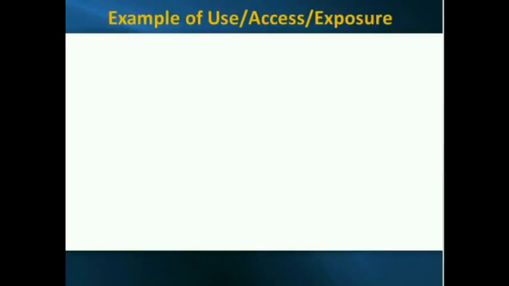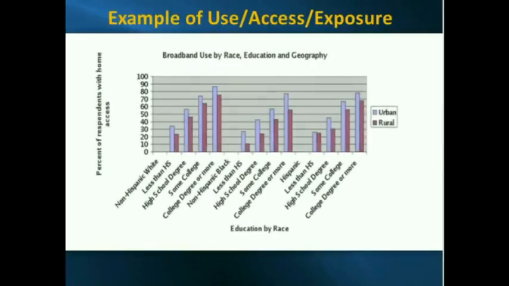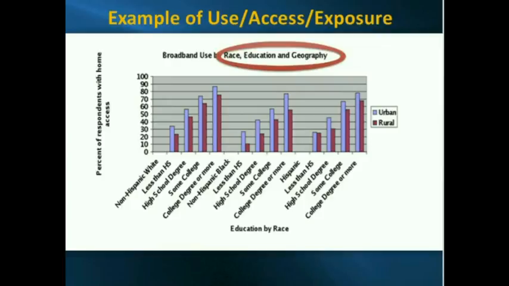Here is one example of what we mean by access. Many people are on the internet. Almost 70 to 80% of American households have access to the internet. But here is an interesting chart which clearly demonstrates that access to broadband internet is largely influenced by race, education, and geography, whether you are in the urban areas or rural areas.